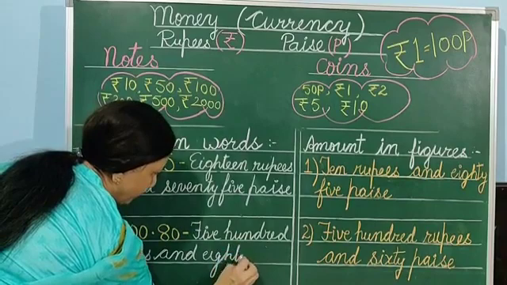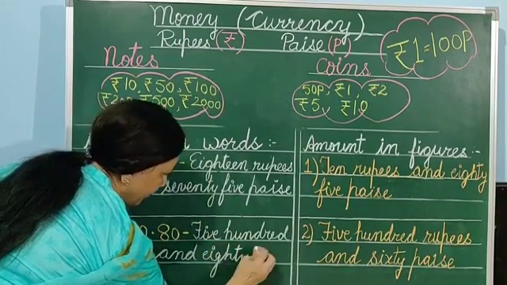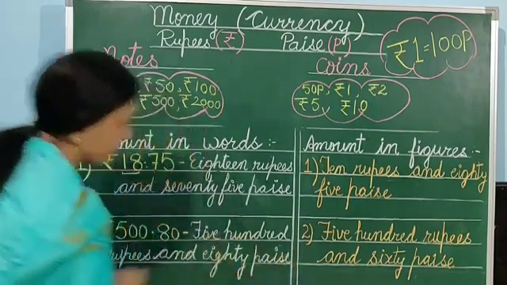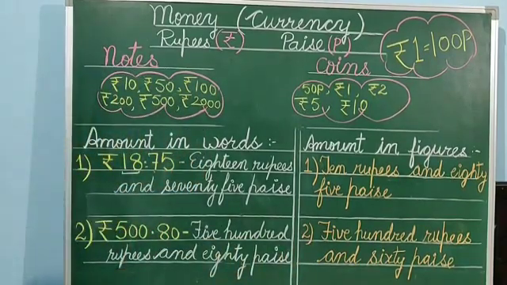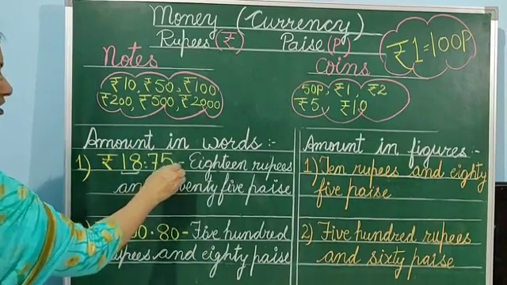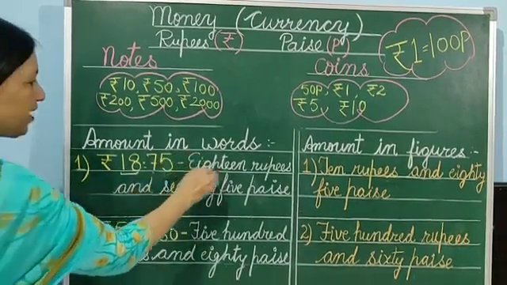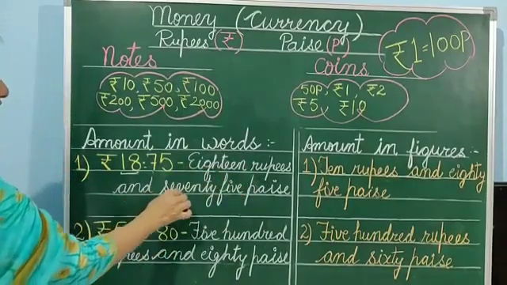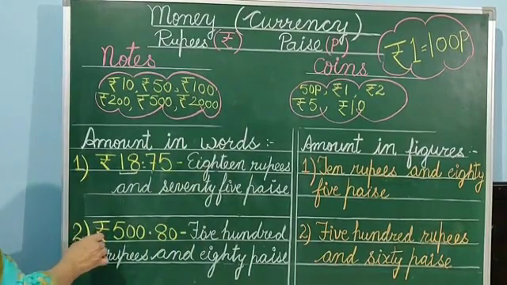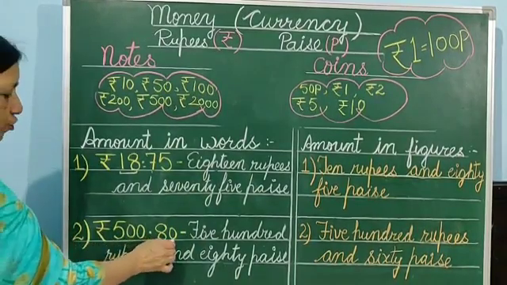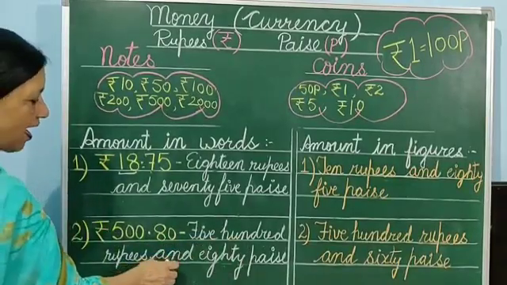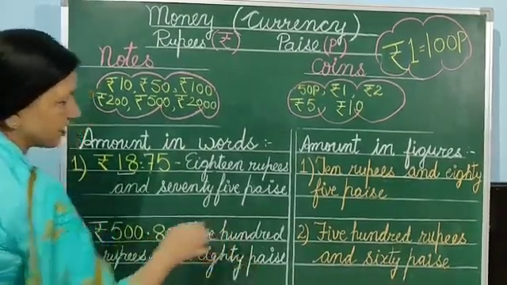Write down 80 paise. Rupees 18.75 we will write down as 18 rupees and 75 paise, and rupees 500.80 we will write down as 500 rupees and 80 paise.